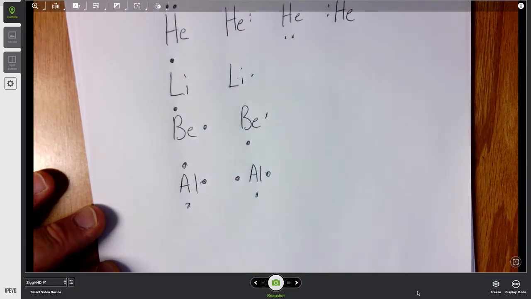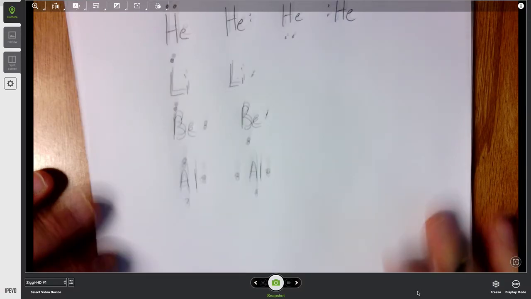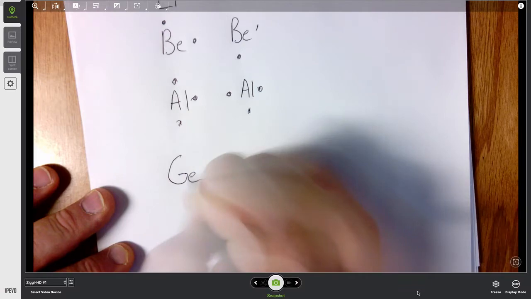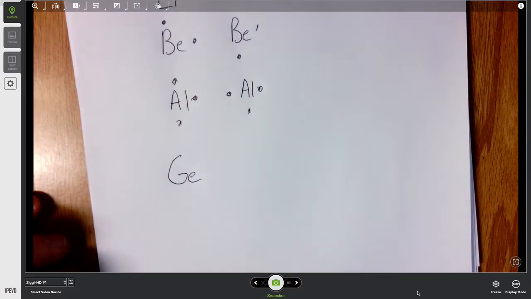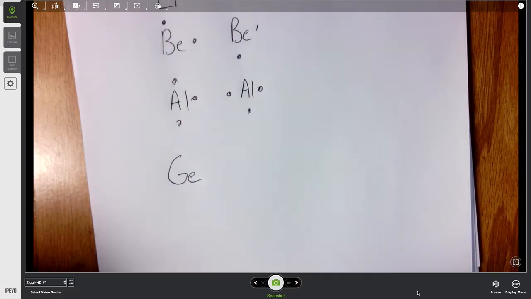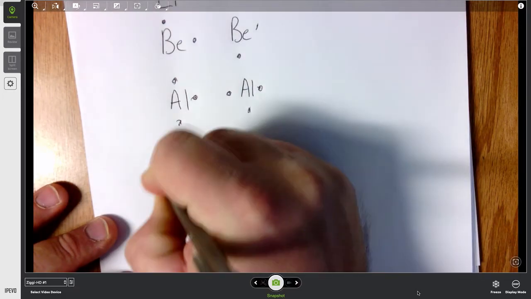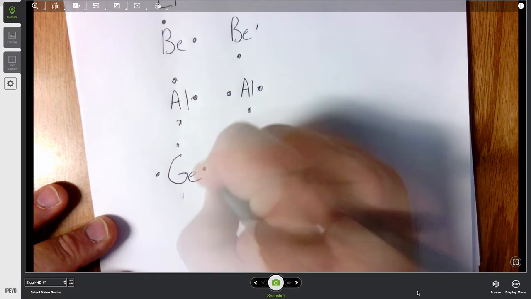So something like germanium. What group's it in? 14. So how many valence electrons? 4. Right? Now, really can't spread these around too much, but you can move them to the edges.